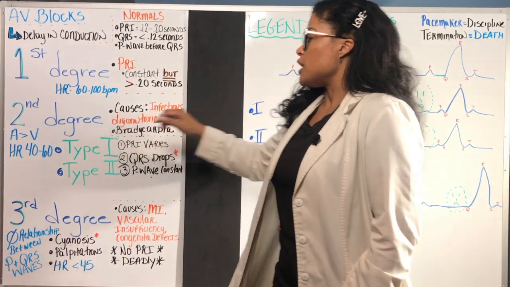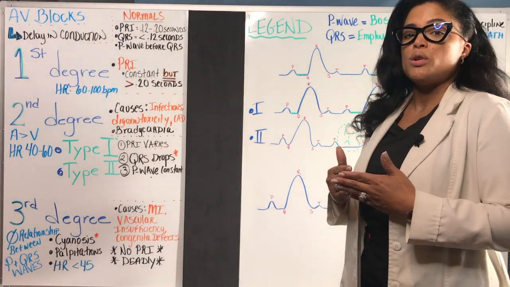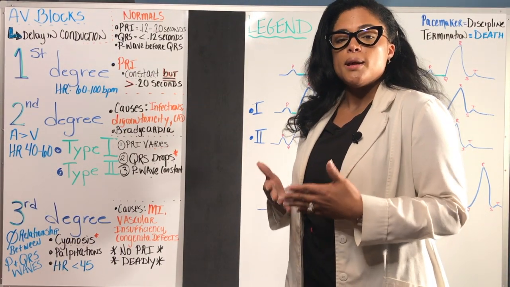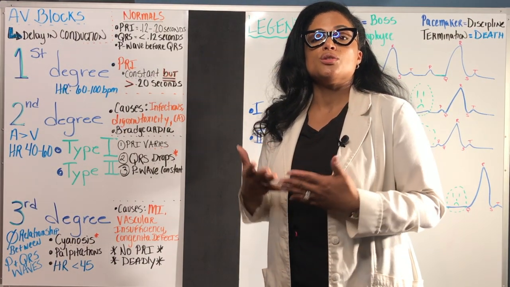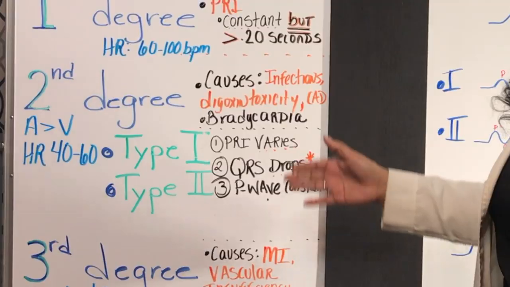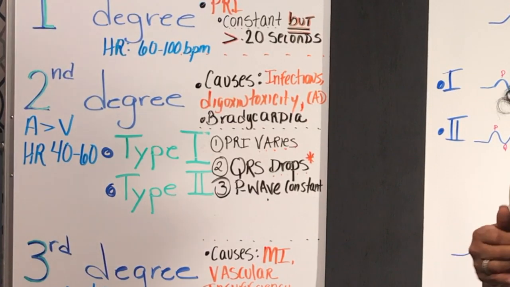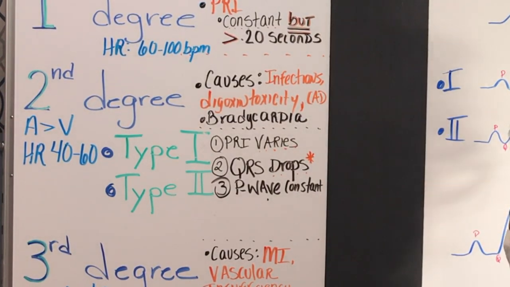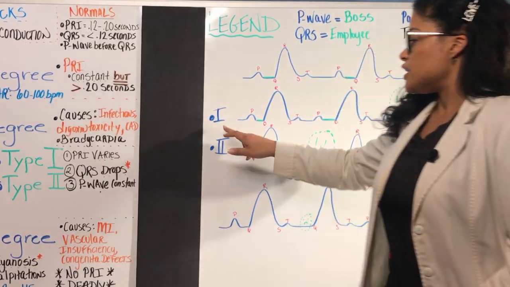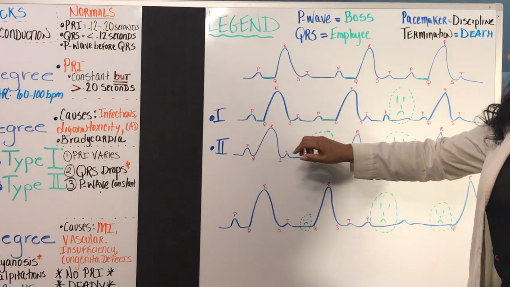The atrial rate, which is your P wave, is always going to be greater than your ventricular rate, because the AV node is going to control your ventricles' action. So when you have a type 1 second degree, which you might have heard as longer drop, it's a Wenckebach, and it's reflected in this picture here.